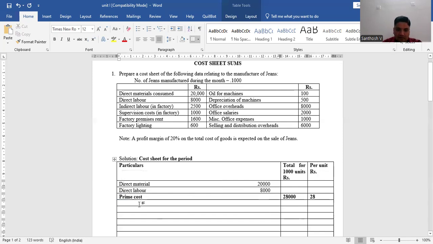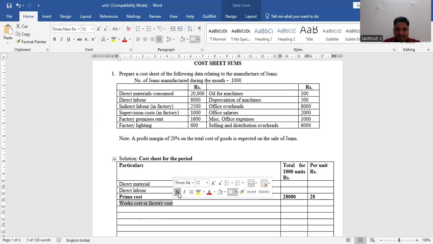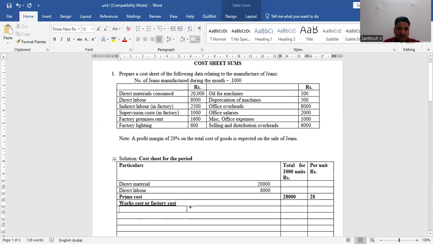After prime cost, we have works cost or factory cost. This is the heading. Under this, many more items come, which we will see one by one.